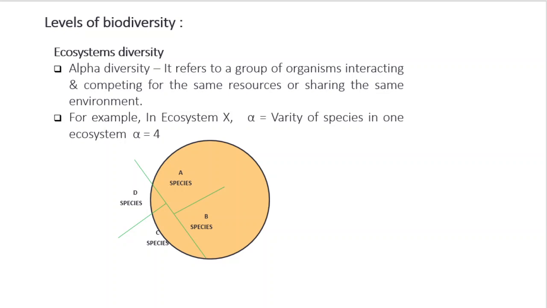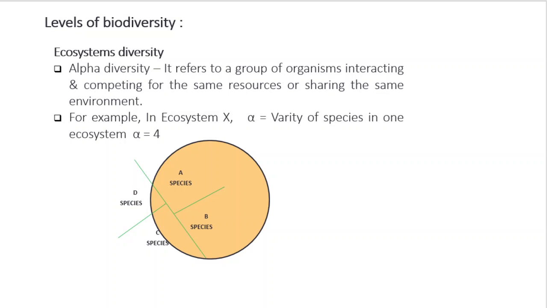Next, our topic is levels of biodiversity. A variety of objective measures have been developed in order to measure biodiversity empirically. Each measure of biodiversity relates to a particular use of the data. The most commonly used indicators for measuring biodiversity are: first, alpha biodiversity; second, beta biodiversity; and third, gamma biodiversity.